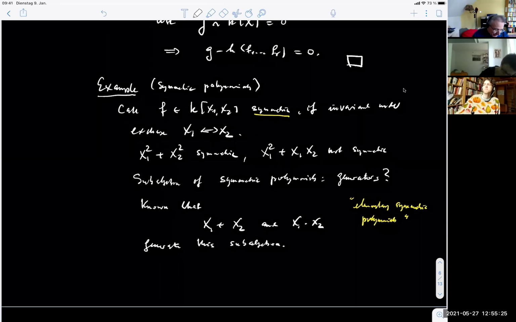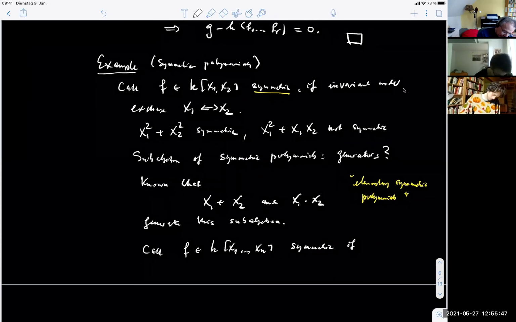Okay, so how is it for general polynomials? Let's say f depends on n variables. Call this symmetric if it is invariant under permutation of variables.